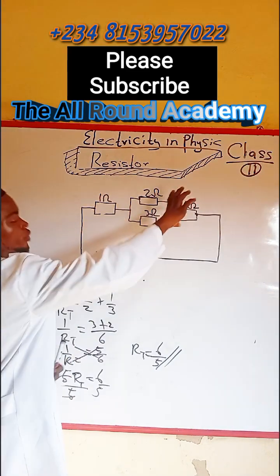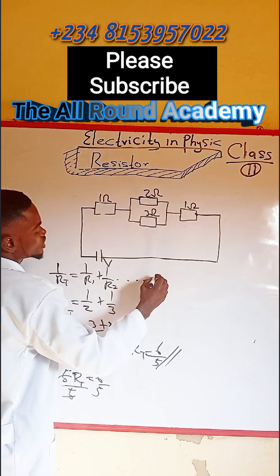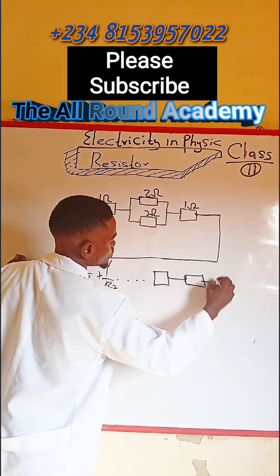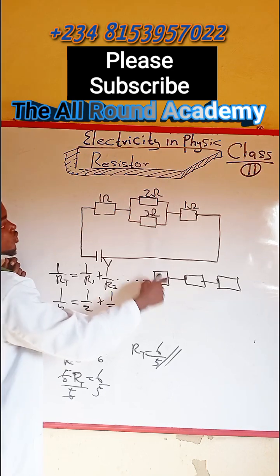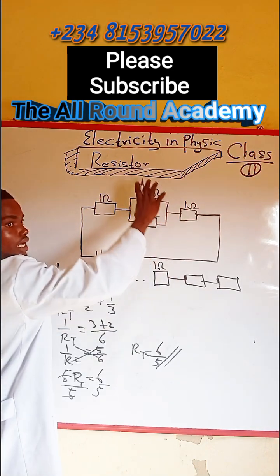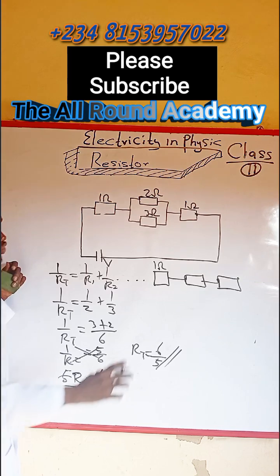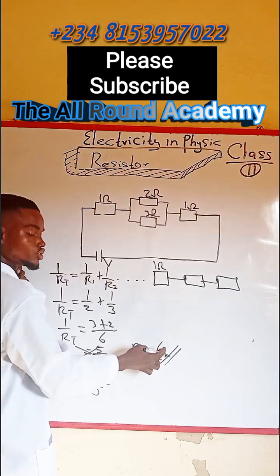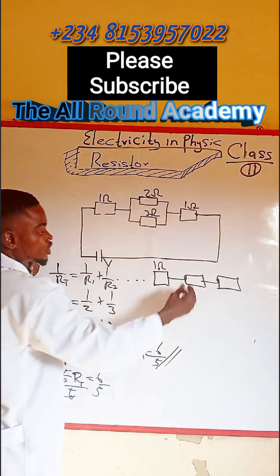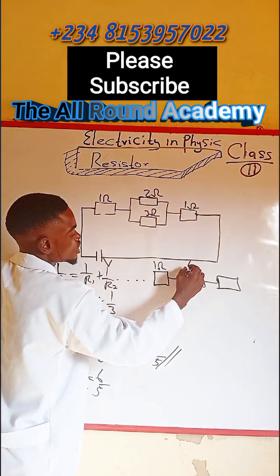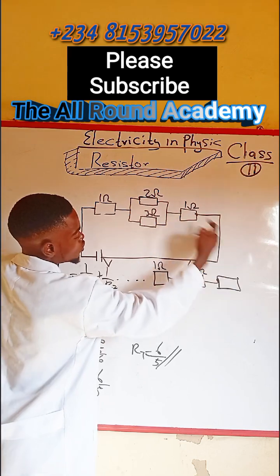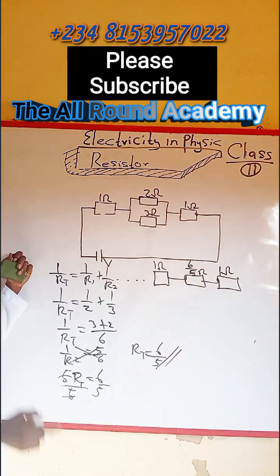Now look at what is going to happen to this circuit. I'm going to now see that this circuit is going to look something of this form. This one is still what I have as the 1 ohm, and now the ones that were in parallel, which I've summarized to be a total resistance of 6 over 5, we now join in series, so I have it as 6 over 5 ohms, and this one also remains as 1 ohm.